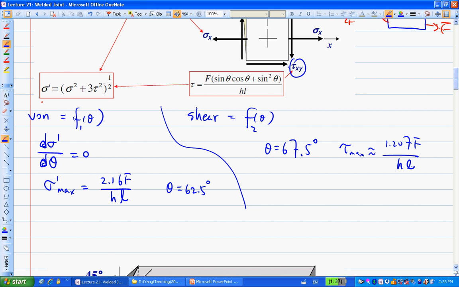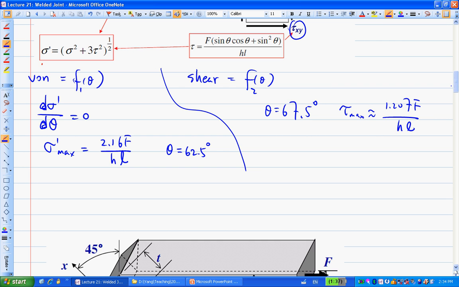Now, the next one is we're actually not going to use this mathematical approach. In practice, people find out that the mathematical ways don't describe exactly what happens in reality.